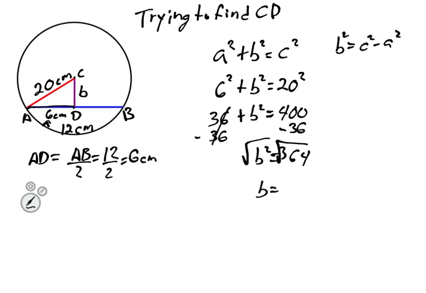B is equal to the square root of 364, which is about 19.08.